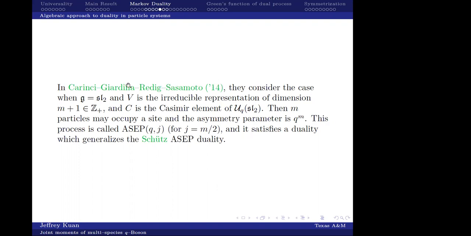And so in particular, this paper gives you a framework for producing duality functions. And when m equals 1, generally this shoots this duality. So they call it ASEP(Q,J). So J is m over 2, because I think in physics notation, it's more natural to take half of the dimension. It's called the spin, higher spin representations.